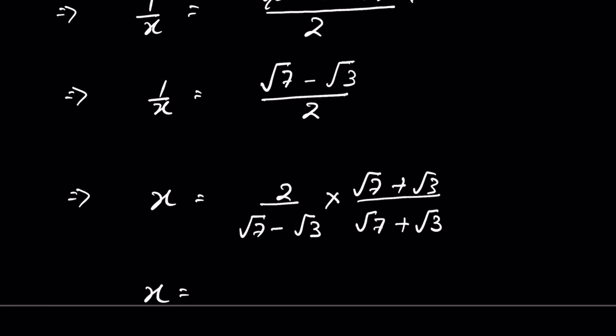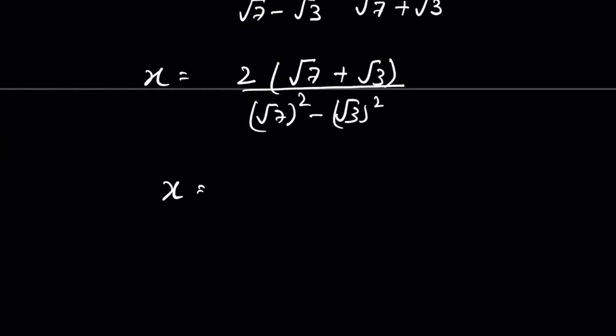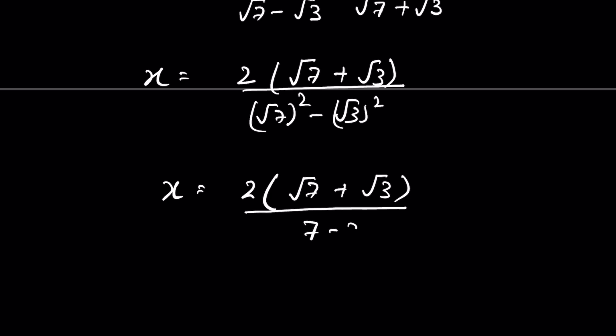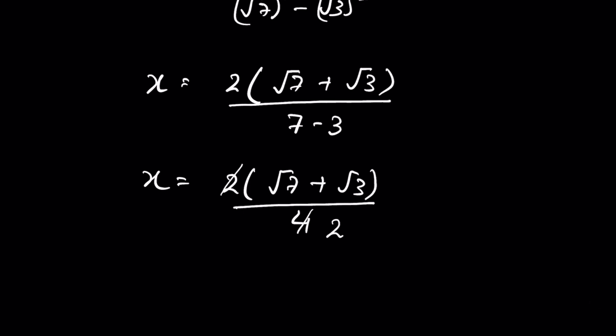So, x is equal to 2 times square root of 7 plus square root of 3 upon square root of 7 square minus square root of 3 square, or x is equal to 2 times square root of 7 plus square root of 3 upon 7 minus 3, or x is equal to 2 times square root of 7 plus square root of 3 upon 4, since 7 minus 3 is 4, 2 divided by 4 is 1 upon 2. So, x is equal to square root of 7 plus square root of 3 upon 2.